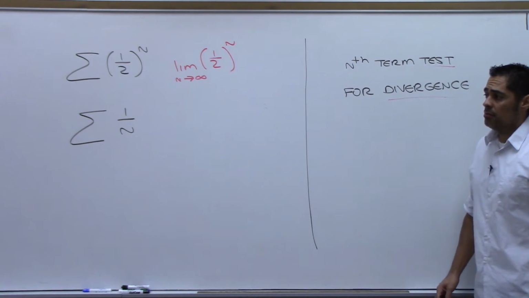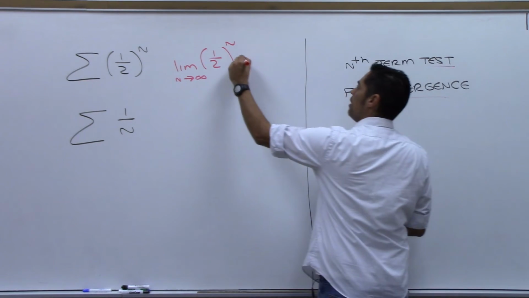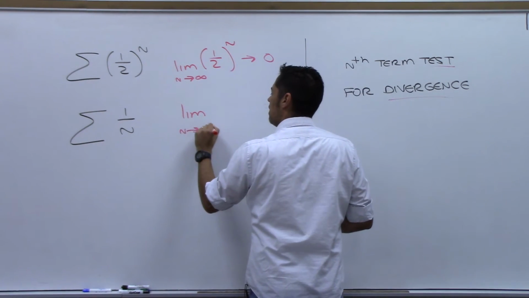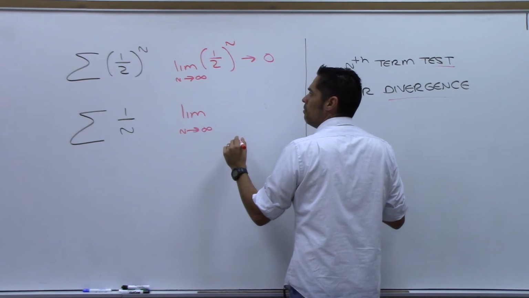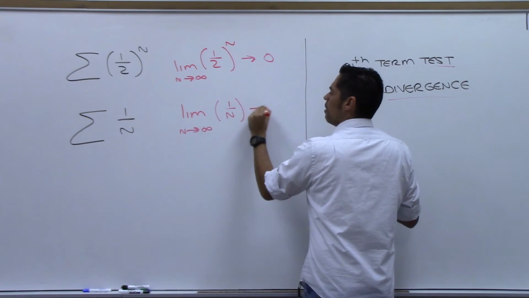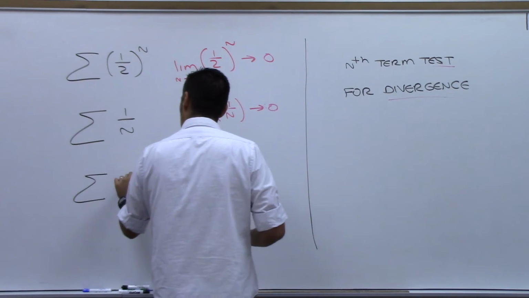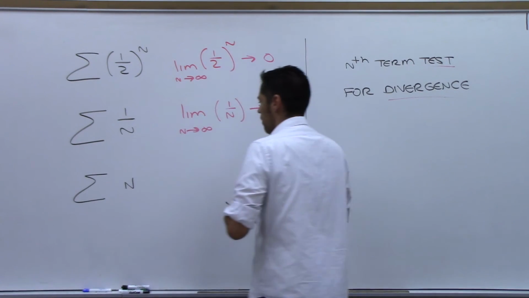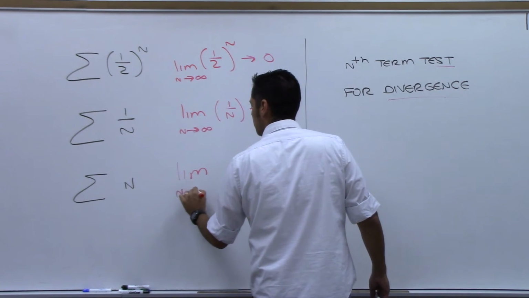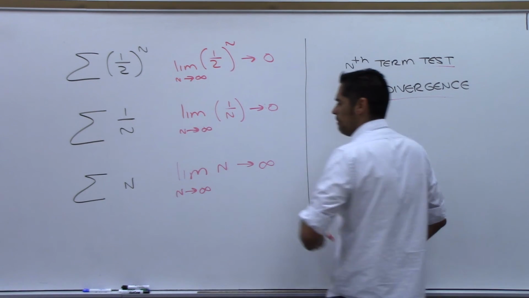It should go to 0, because 1/2 squared gets smaller, 1/2 cubed gets smaller, that goes to 0. Everyone agree? Okay. What about this one? Limit as n goes to infinity. What happens here? It goes to 0. Let me give you one more. Limit as n goes to infinity of n, which goes to infinity.